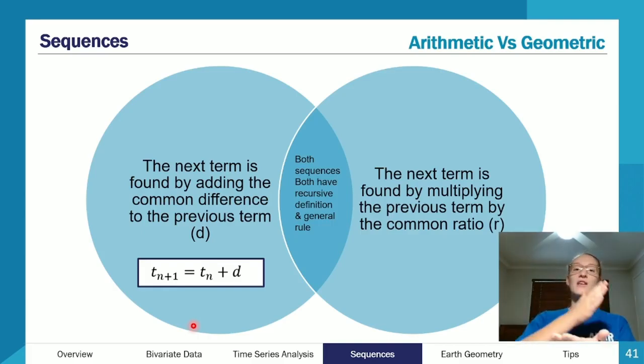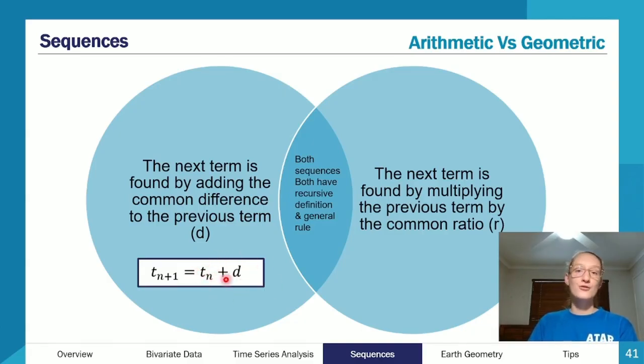We take term 1, we apply the rule, find term 2, then we find term 3, 4, and so on. So we have Tn+1 = Tn + d. What we're saying here is Tn+1, the next term, is equal to Tn, the term we're talking about, plus the common difference.